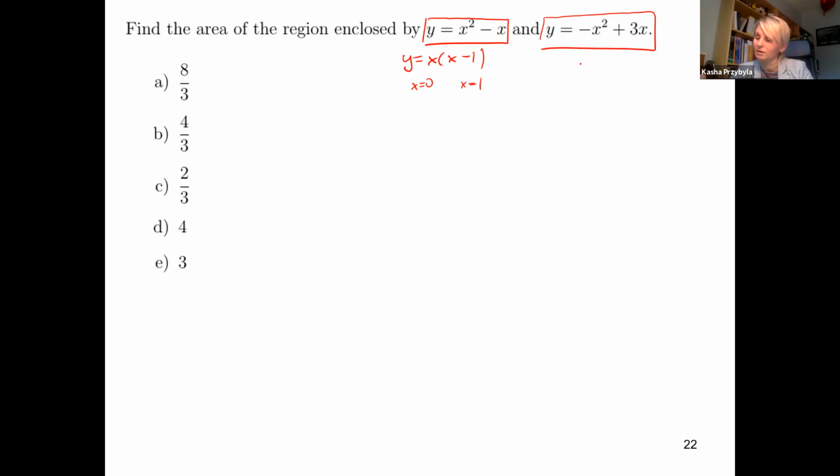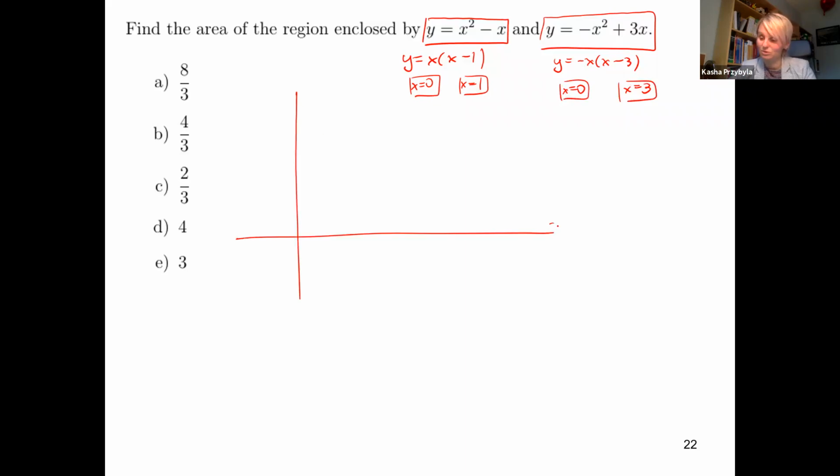Let's do the other one. This one I will factor negative x, and I can also see the zeros are 0 and 3. As soon as we know the zeros, the x-intercepts, we know how to draw the parabola. 0 and 1, 0 is a common part.